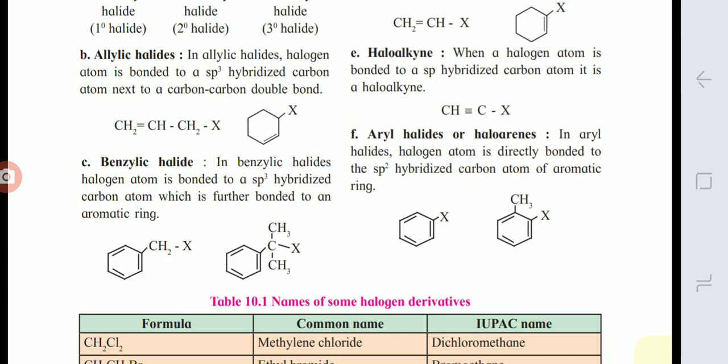You have to write the numbering in the open chain: CH3 as the first carbon, the carbon with the benzene ring and X is carbon number 2, and the next CH3 is carbon number 3. The parent alkane is propane, with phenyl and X as substituents. So how will you write the name? 2-halo-2-phenylpropane.